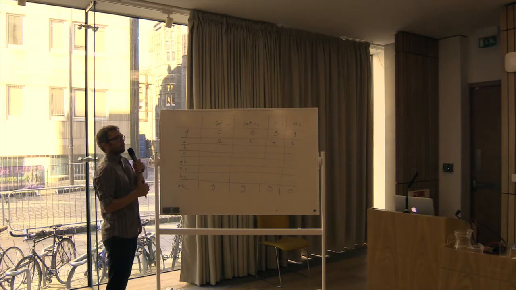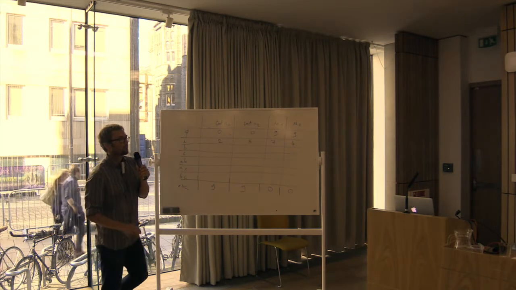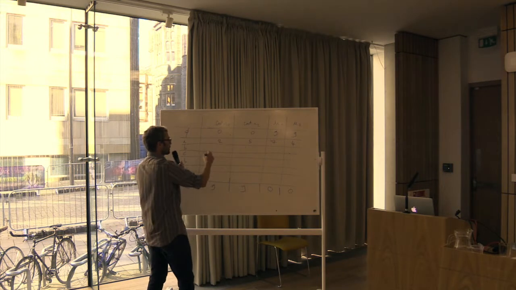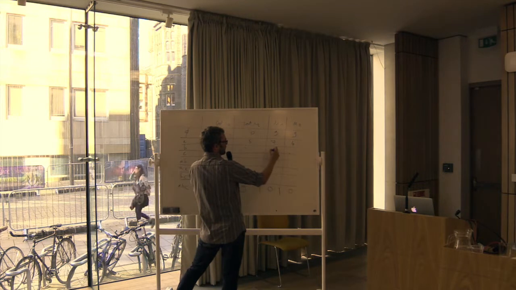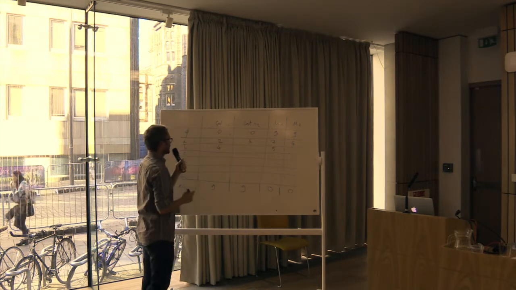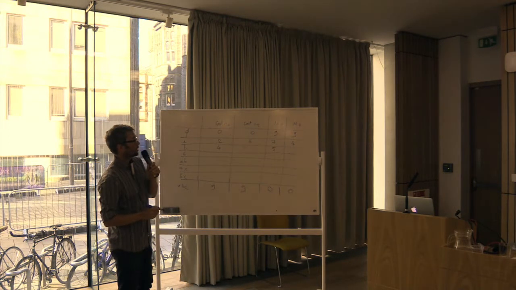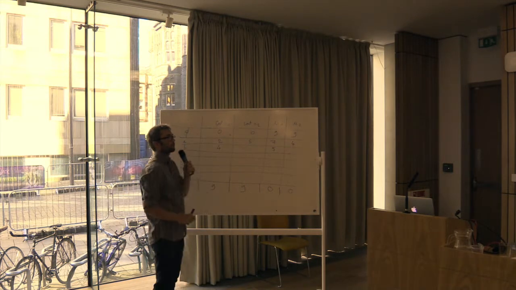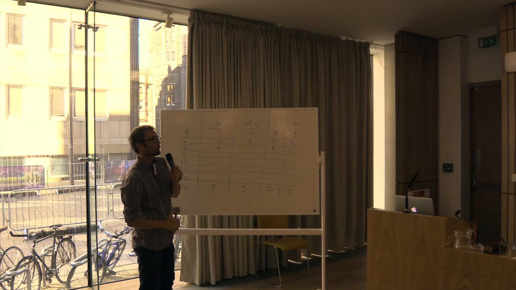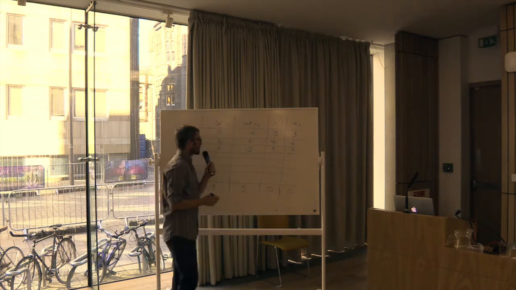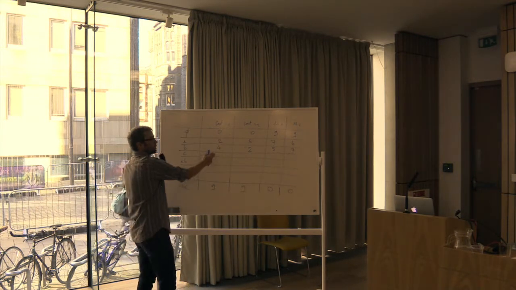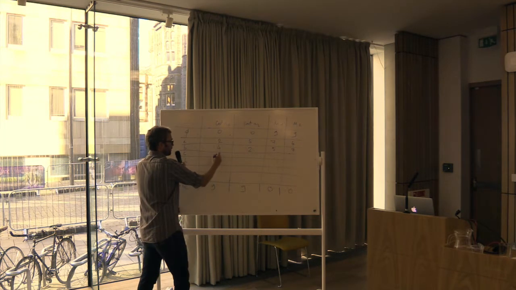So B alone, robot 1 can just get to B, cost 4. Okay, so that's utility 5. And B alone for robot 2, that's 2, so that's 7. C alone for robot 1, 5.